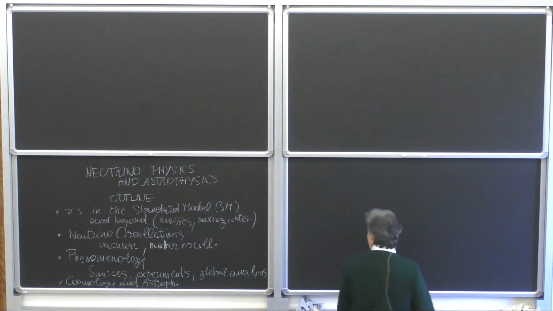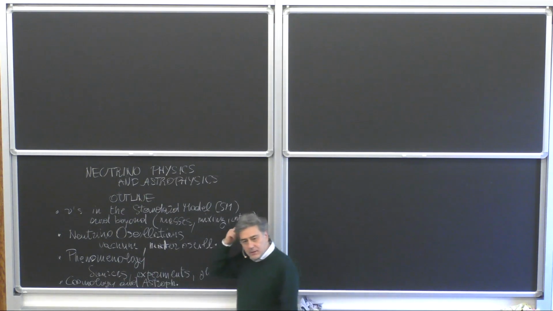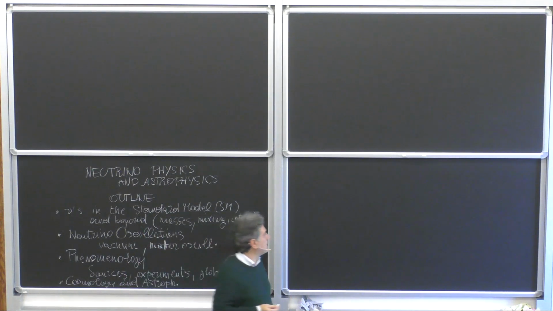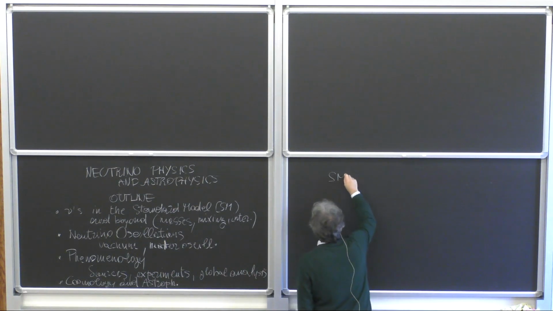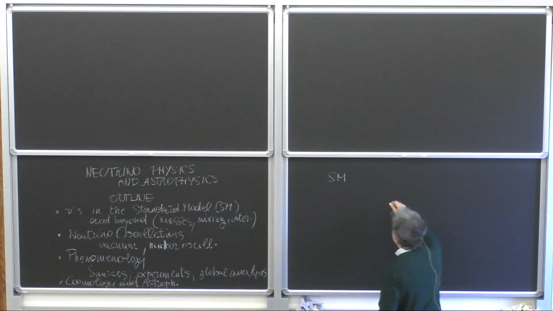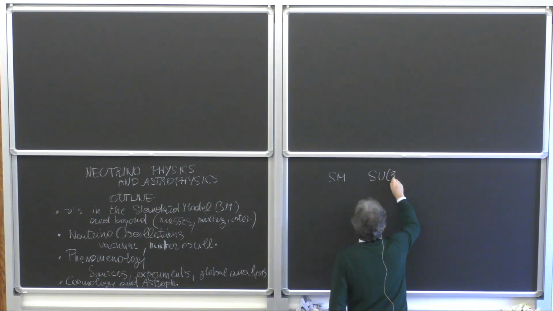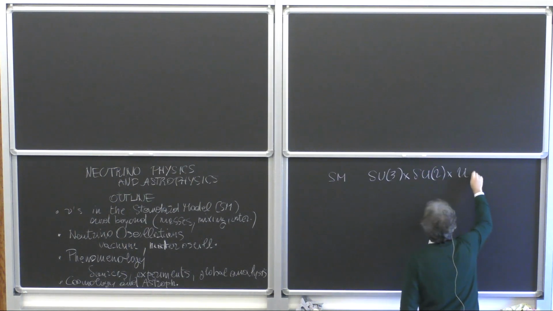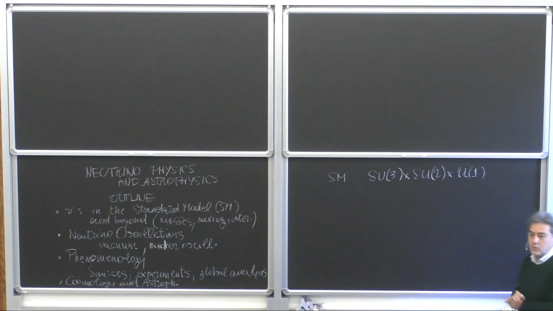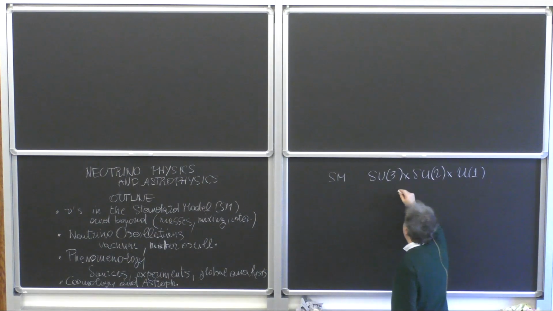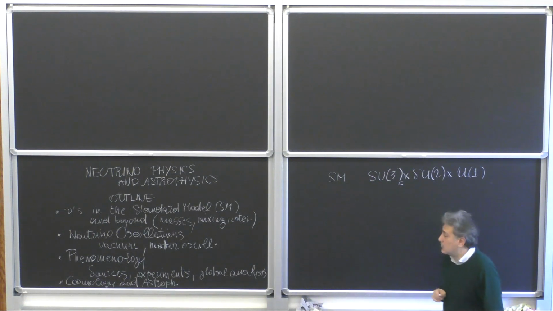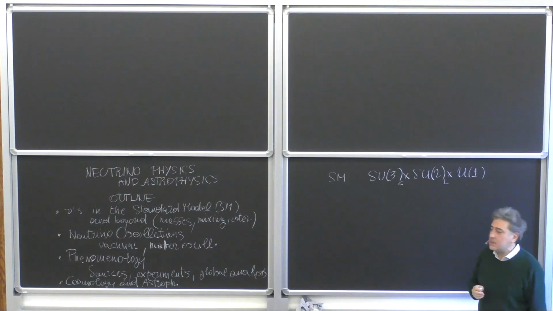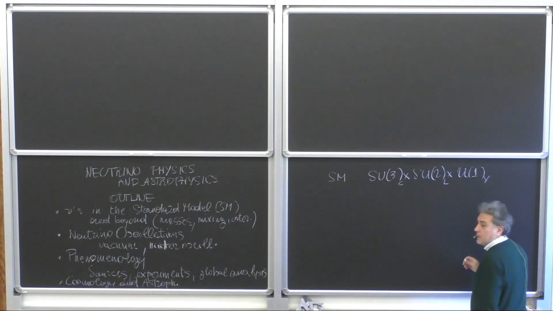So we will start with neutrinos in the Standard Model, and as you know, neutrinos are massless particles in the Standard Model. The Standard Model is a gauge theory based on the SU(3) times SU(2) times U(1) gauge group, where the SU(3) refers to color, SU(2) left to the weak isospin, and U(1) to the hypercharge.